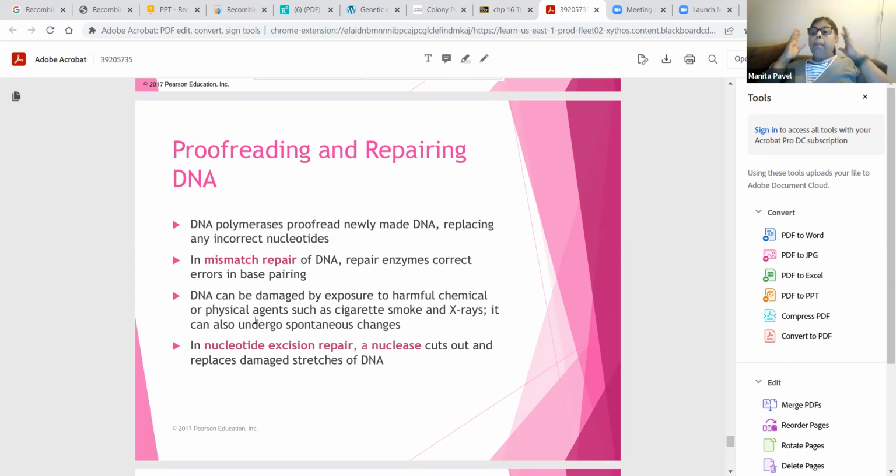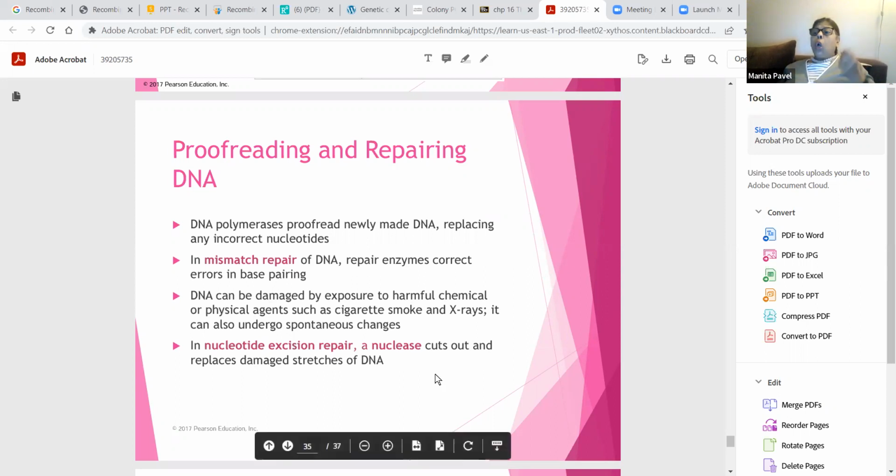All these are called mutagens. Mutagens are chemical substances that cause a mutation to occur, and they're carcinogenic. Carcinogens are substances that cause cancer. All these physical or chemical agents are going to cause the DNA to undergo spontaneous changes.